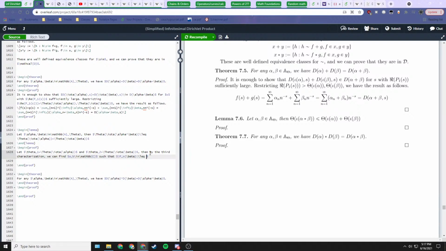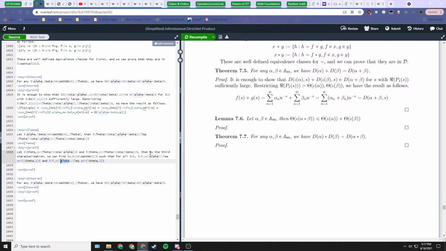This is less than or equal to A times n to the power theta 1 if this is alpha. And the same thing for beta being bounded by B n to the theta 2.